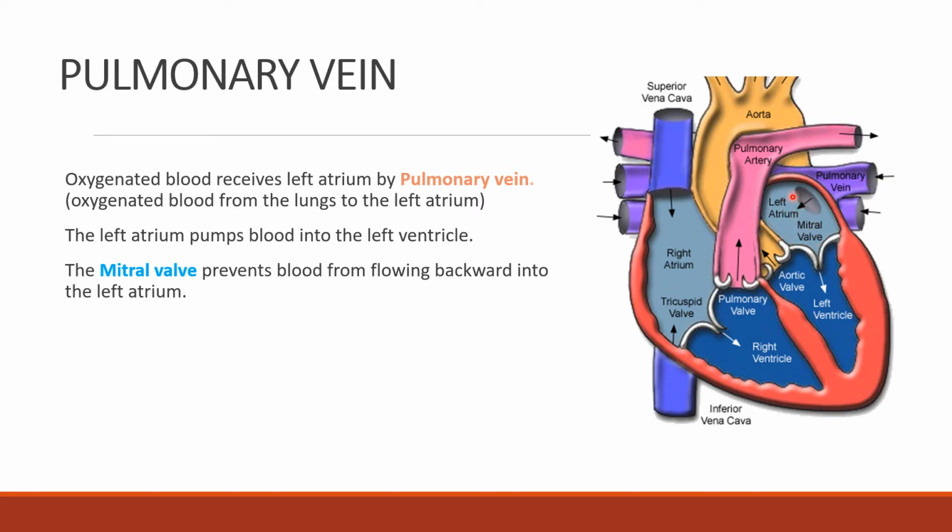When the left atrium is filled with oxygenated blood, it contracts and the blood enters the left ventricle through the mitral valve. So where is the oxygenated blood now? Right, it is now present in the left ventricle. From there, where does it go?